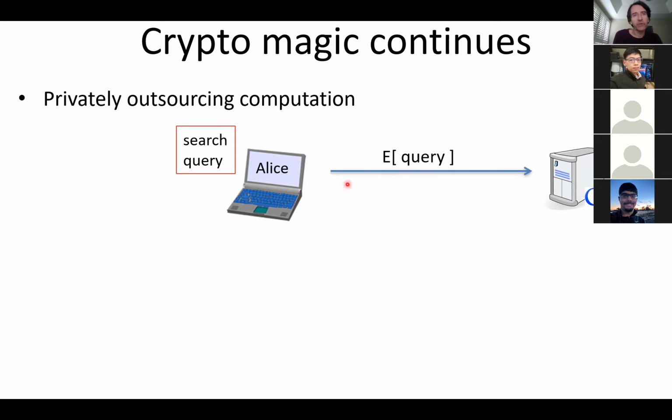How about, is it possible to have an encryption such that what you send to the server is an encrypted query, and they somehow send you encrypted results, and the encryption is under your key? So you send an encrypted query, this engine cannot decrypt it, so he doesn't know what the query is.